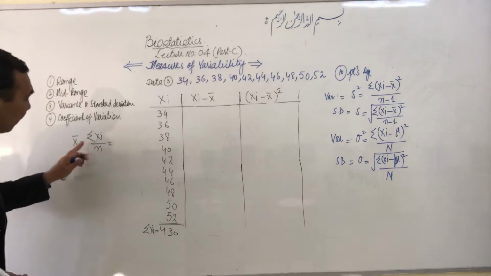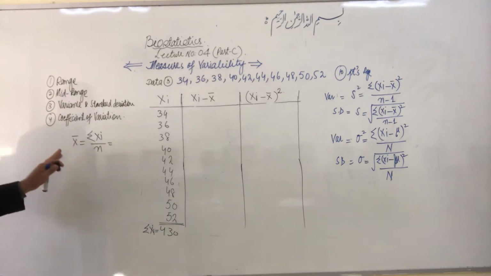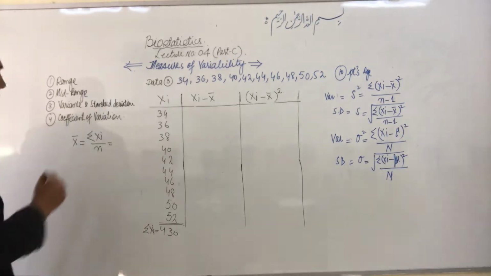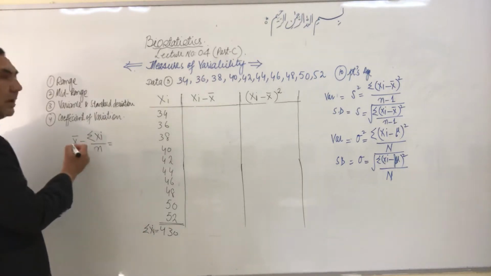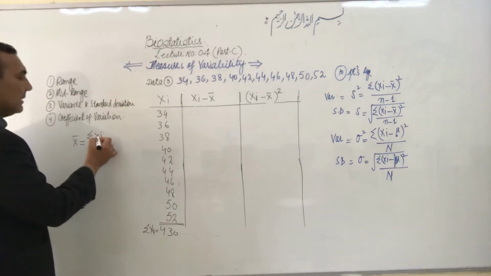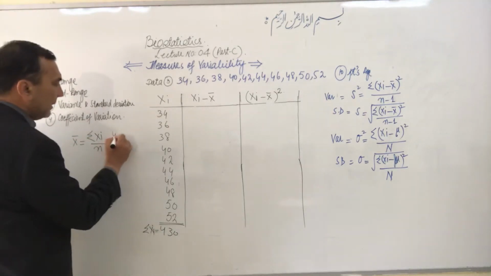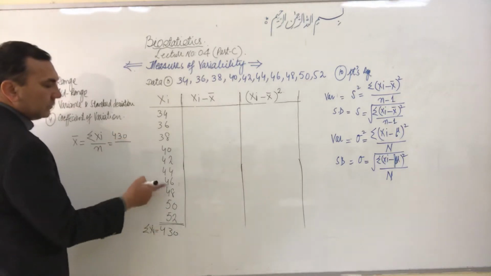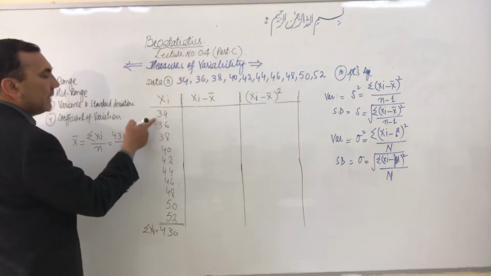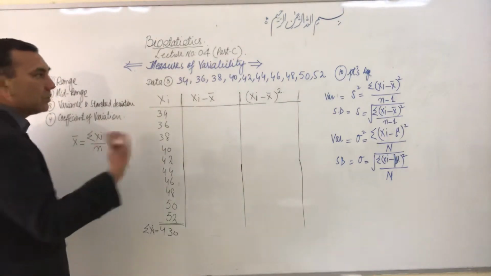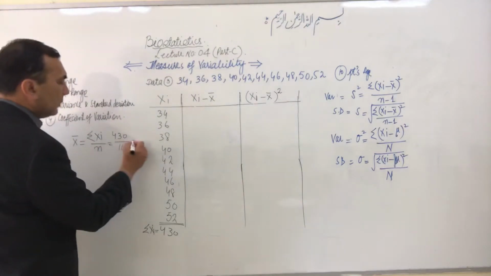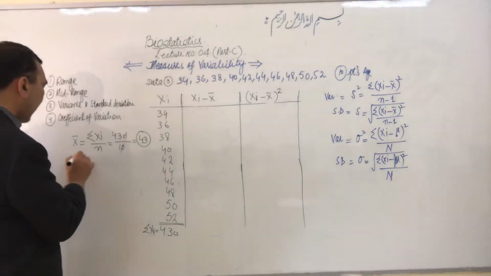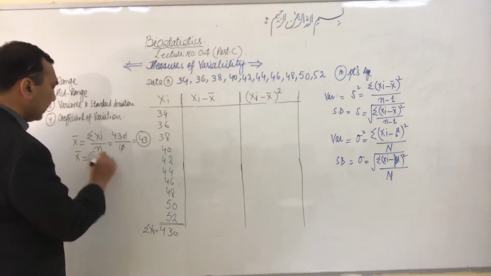So that's why we sum up the xi. The sum of the xi is 430 and total n is 10: 1, 2, 3, 4, 5, 6, 7, 8, 9, 10. The total number of data is 10. So how much does it become? 43. Now the x bar is 43.